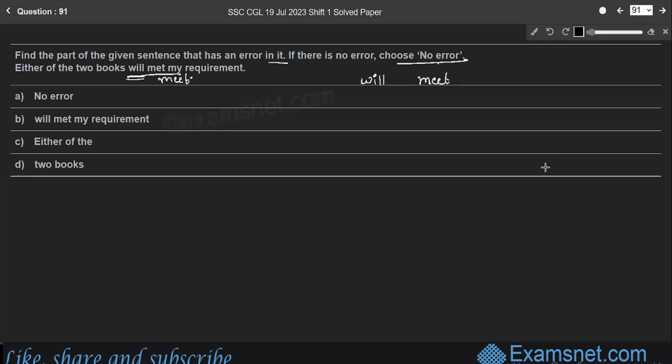In place of met, we have to write the present form of the verb, which is meet. The present form of the verb should be written if the helping verb is will. Therefore, option B, will met my requirement, has an error. So option B is the right answer.